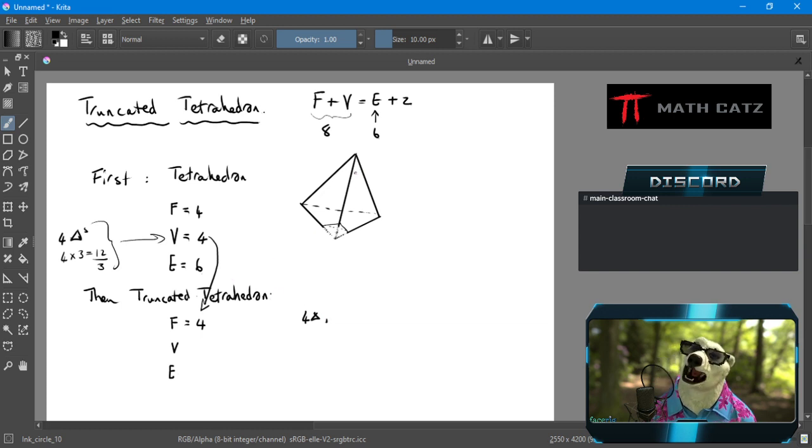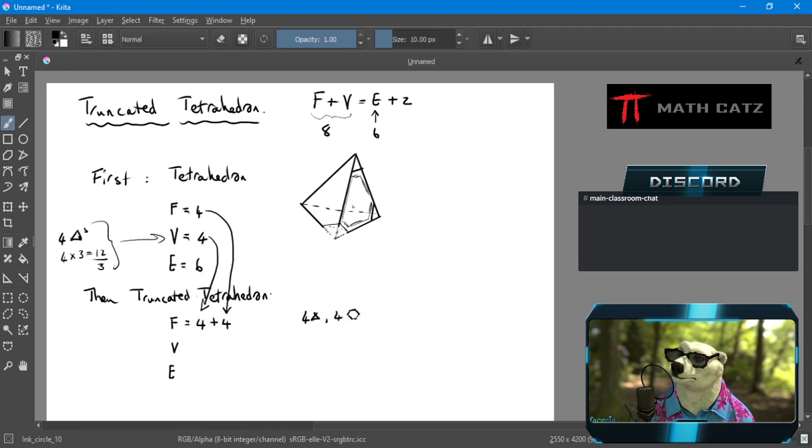But I also have, when I cut this off, at every vertex of the original tetrahedron, now I'm making them smaller than they actually are. What do I have in here? I have a hexagon. So I have, for each original face, of which there were 4 as well, I have 4 hexagons.